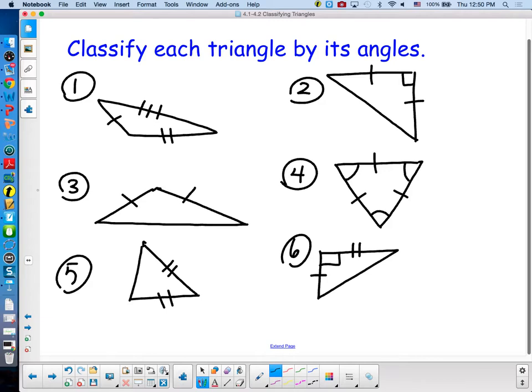So you have described by angles and sides. So number 1 is an obtuse scalene triangle. Number 2 was a right isosceles triangle. Number 3, obtuse isosceles.